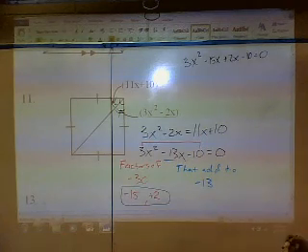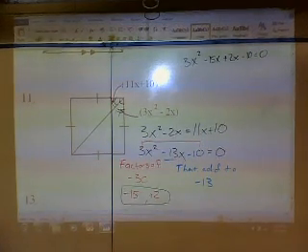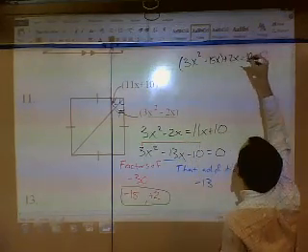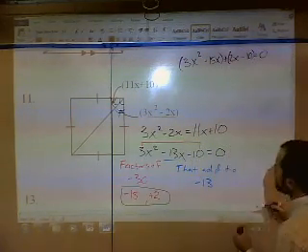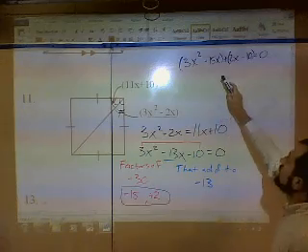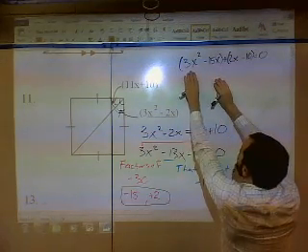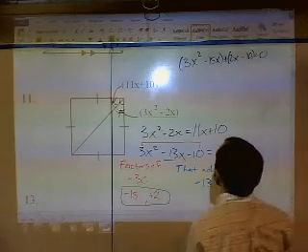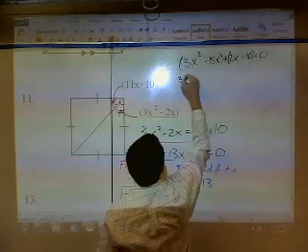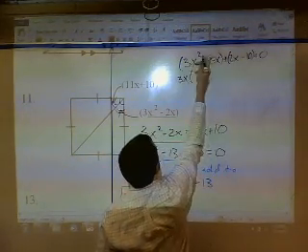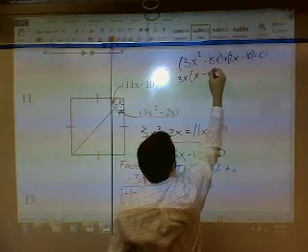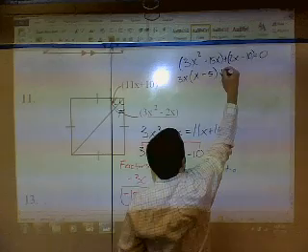And now I want to group these and find the greatest common factor in these two terms and in these two terms, and we'll see what we can do. We have a factor of 3x here and a factor of 3x here. That's our greatest common factor, so I'm going to factor that out. 3x, if I divide this by 3x, I have x left over, and if I divide this by 3x, I have minus 5. Bring down my plus.